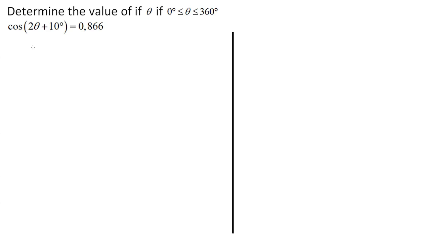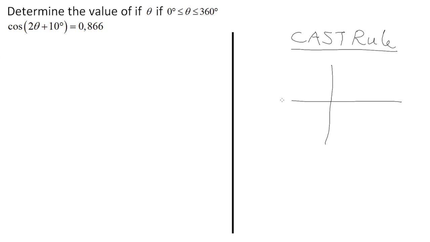Now let's stand still there for a moment so that I can explain what that means. The first thing, between 0 and 360 degrees means we need to apply the CAST rule. I'm going to explain step by step how this CAST rule unfolds.